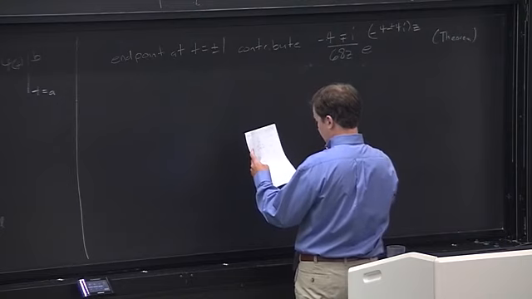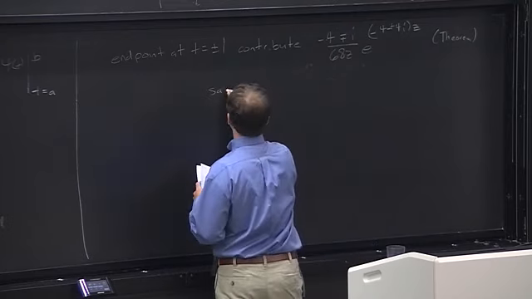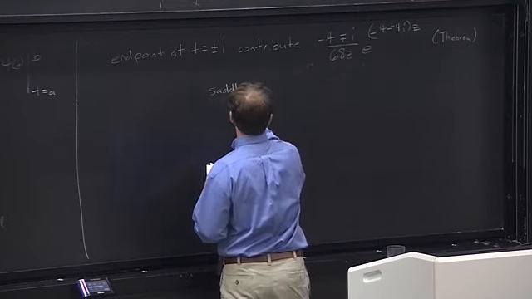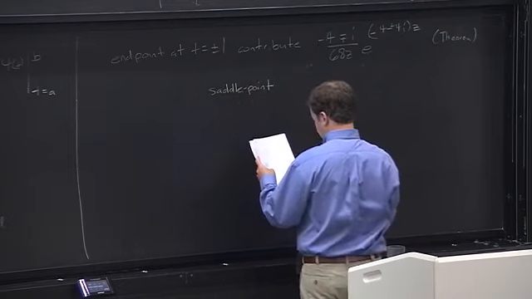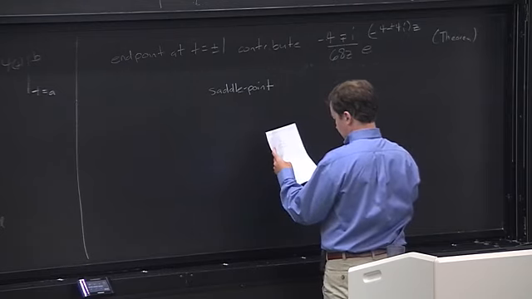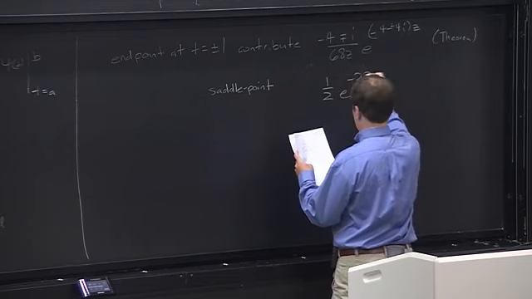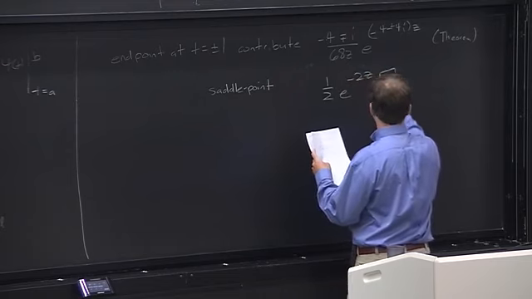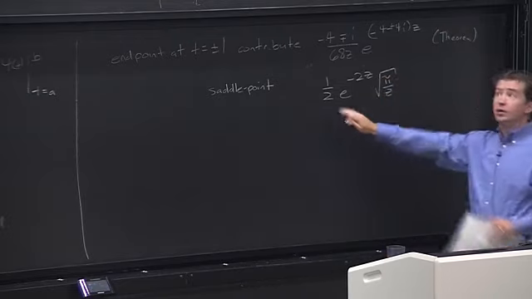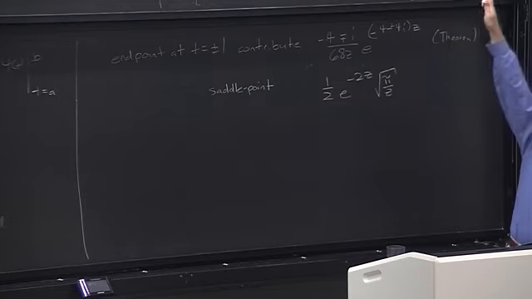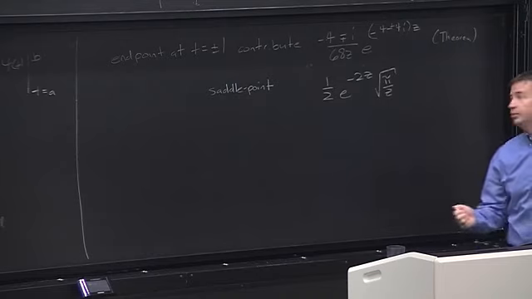The saddle point contribution contributes 1/2 e to the minus 2z root pi over z. This comes from applying our saddle point formula from the top board, just keeping the first term.